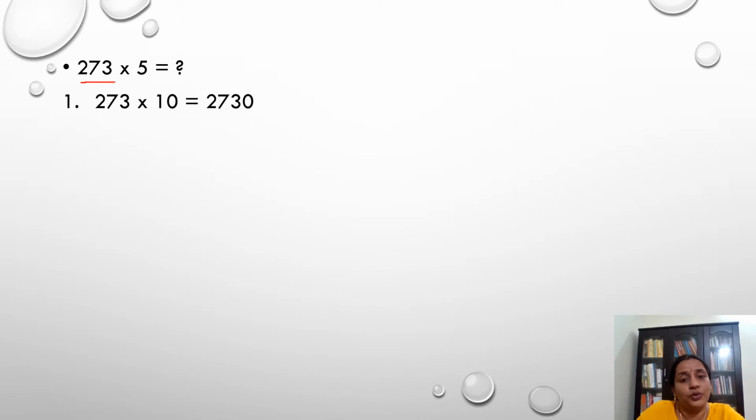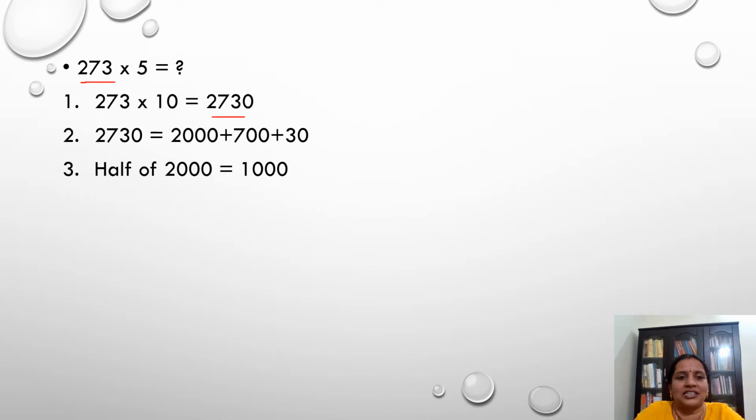Next, what do I have to do? I'm going to give the expanded form of the number which I got as the multiple of 10. Expanded form of 2730 is equal to 2000 plus 700 plus 30.